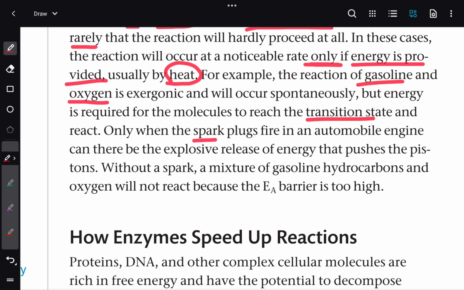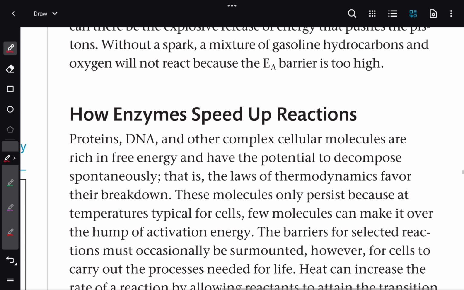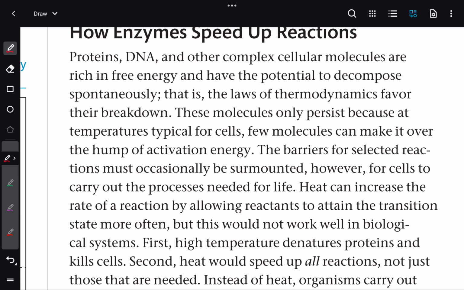Only when the spark plugs fire in an automobile engine can there be an explosive release of energy that pushes the pistons. Without the spark, no. Now, how do enzymes speed up reactions? Proteins, DNA, and other complex cellular molecules are rich in free energy and have the potential to decompose spontaneously.